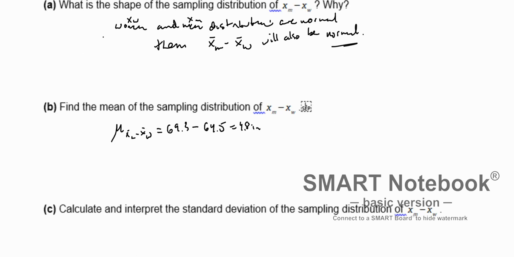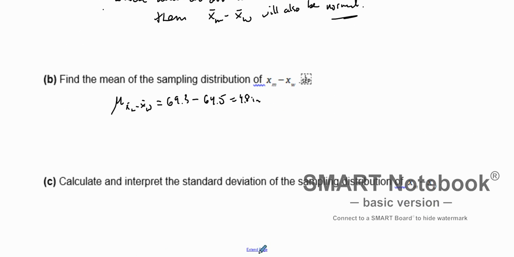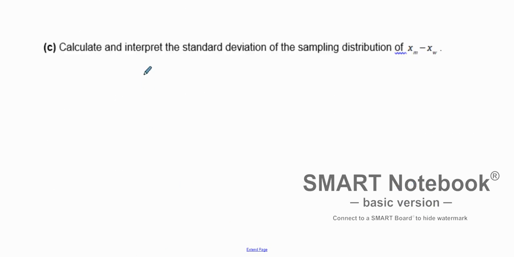The final one is to calculate and interpret the standard deviation. The standard deviation of the sampling distribution is going to be the square root of the variances.